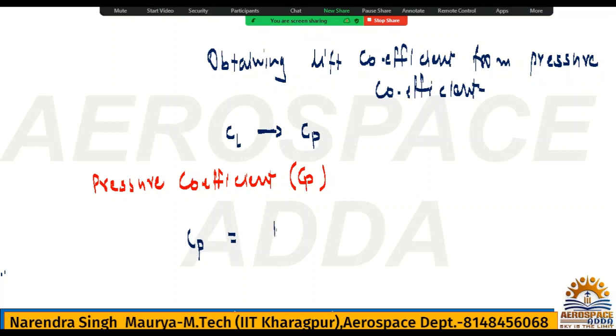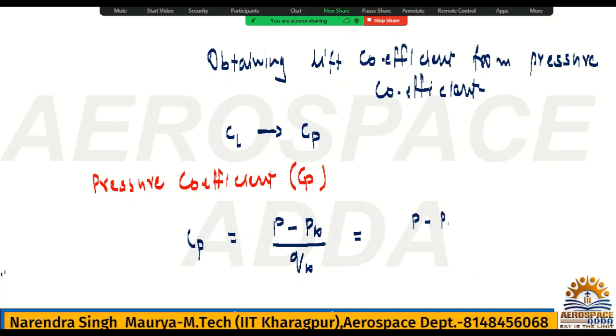So Cp, because it is a dimensionless quantity, obviously it will be a ratio. Just like the lift coefficient is a ratio of the forces, this pressure coefficient is a ratio of the pressure. So P minus P infinity divided by dynamic pressure, which is nothing but Q infinity. Yes or no?